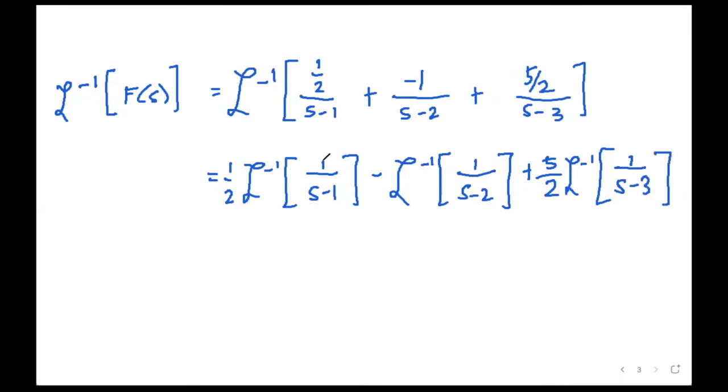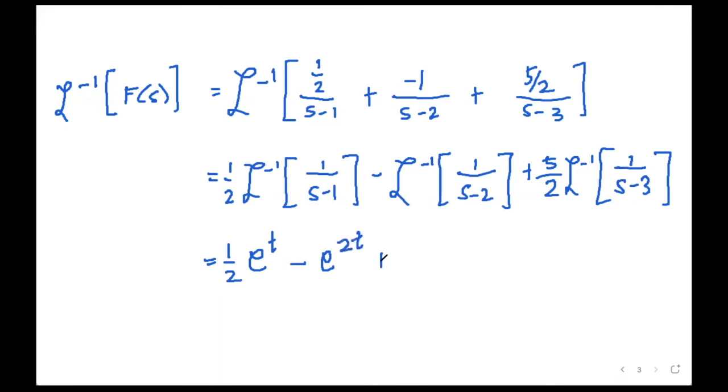And these transforms are recognizable na into the standard form. So we have first term 1/2. So first shifting, ito yung result ng first shifting property. So you have the exponential there. Your a is 1. So this is e raised to t. Second term is minus e raised to 2t.